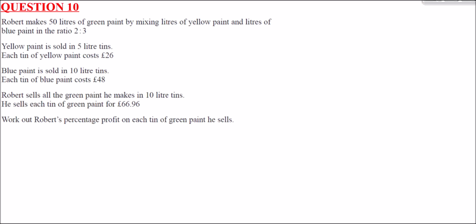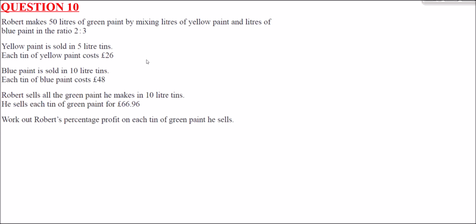Question 10. Again, we're talking about paint, strangely enough, like we talked about earlier. So Robert's making 50 litres of green paint by mixing litres of yellow paint and litres of blue paint in the ratio 2:3. Now, he's not painting a floor. This time he's just mixing paint, unlike question 5. So yellow paint is sold in 5 litre tins, and each tin of yellow paint costs £26.